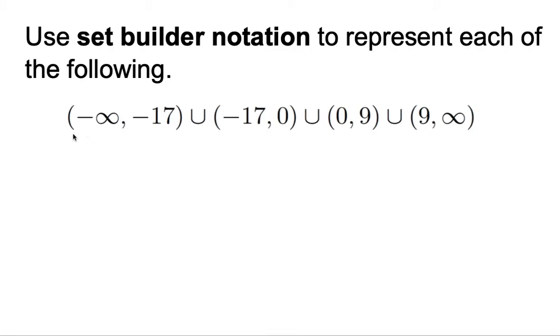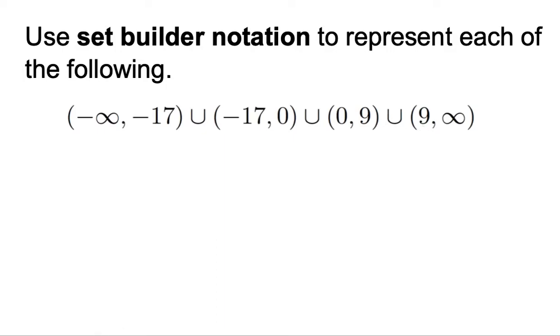In this case, we've used interval notation to represent all the real numbers less than but not equal to negative 17, greater than but not equal to negative 17 and less than 0, greater than 0 and less than 9, and greater than 9. So really what we're looking at is the real number line where we've excluded three values, negative 17, 0, and 9.